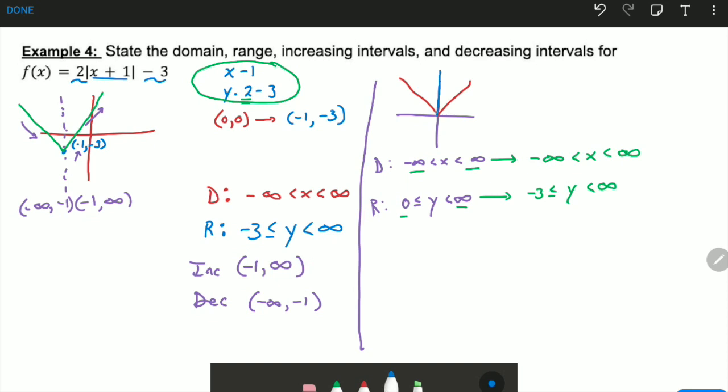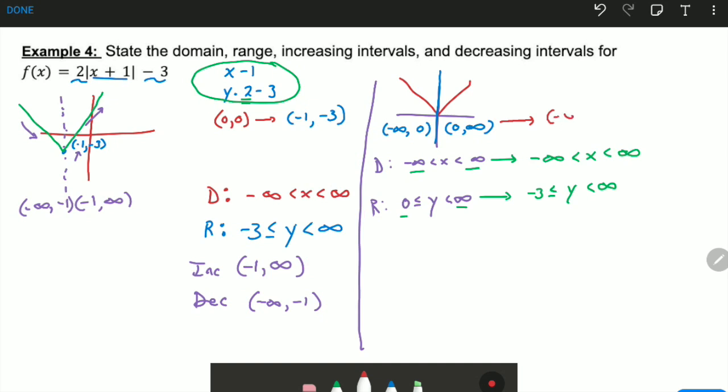So normally the graph would be split right down the middle, right down the y-axis, into two regions, negative infinity to 0, and 0 to infinity. Now because of our transformations, these two intervals will change into, well, we're subtracting 1 from the x value.